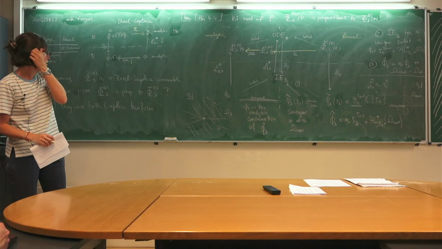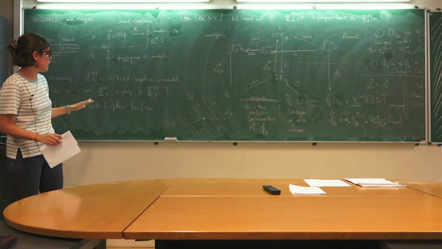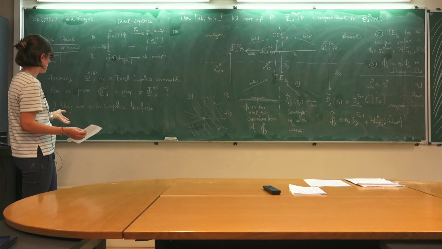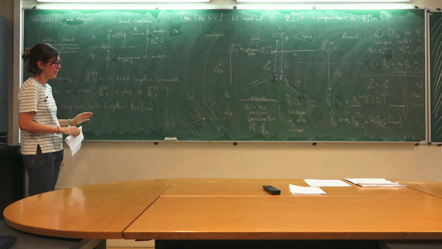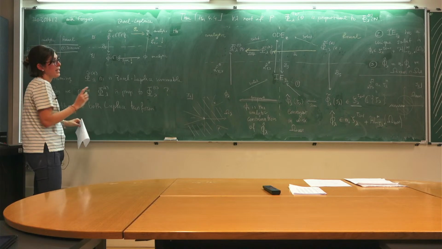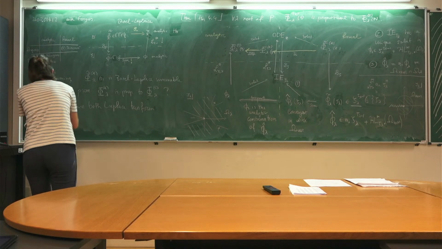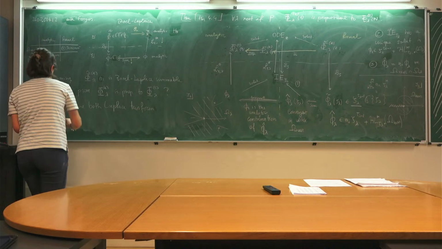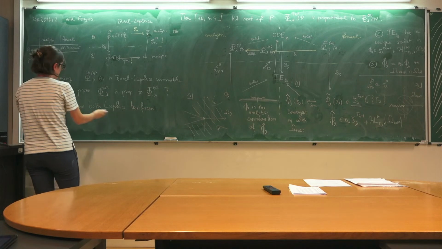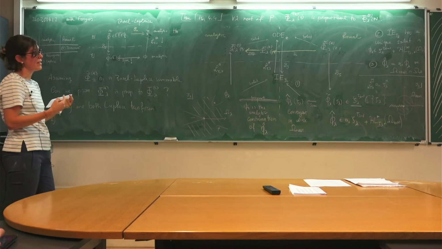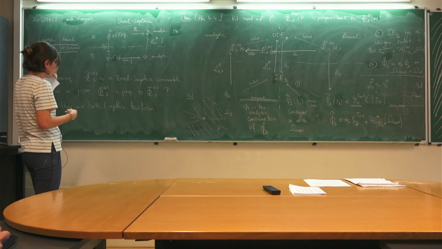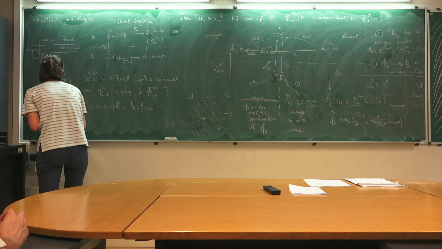A priori, we don't know that they are Laplace transforms of the same function, so we cannot quite say they agree. But we can take a look at their asymptotics. In particular, using the fact that they are Laplace transforms, we know that they have a certain asymptotic behavior.